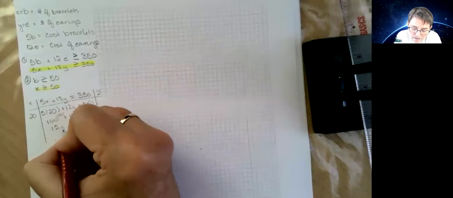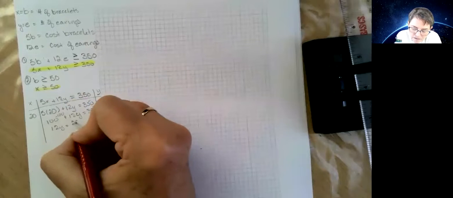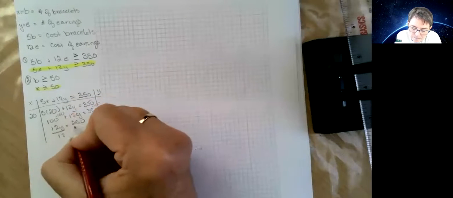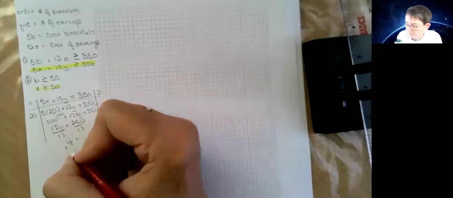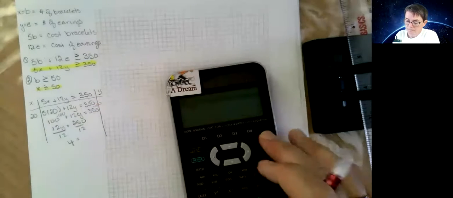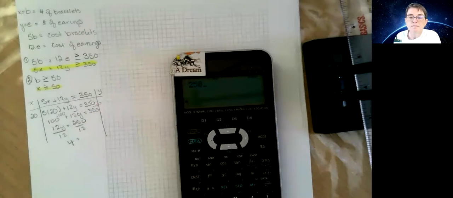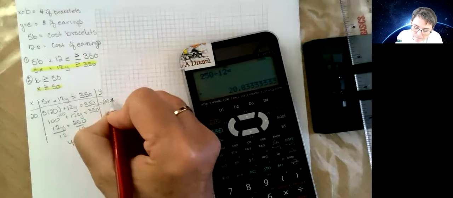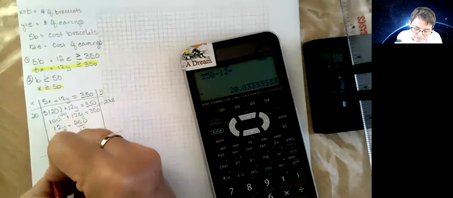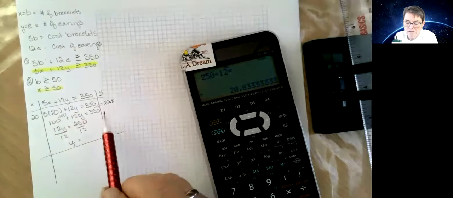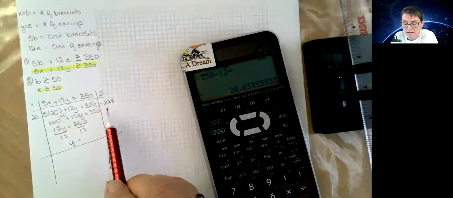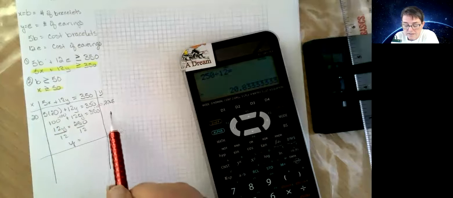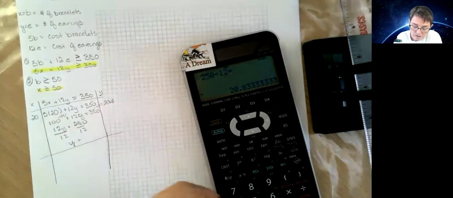So 12y is 250, so y is about 20.8. And remember, it's completely okay if your number of earrings is decimals. It doesn't matter when you're drawing the graph.